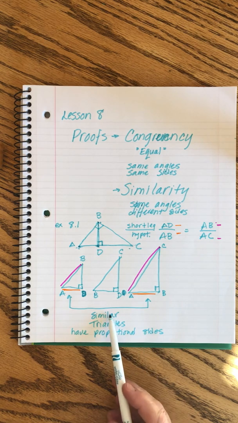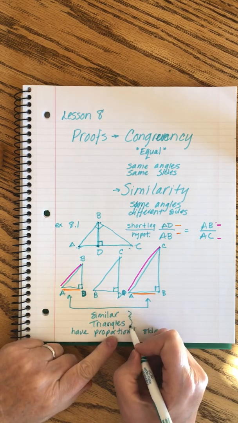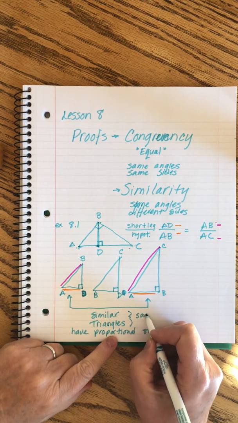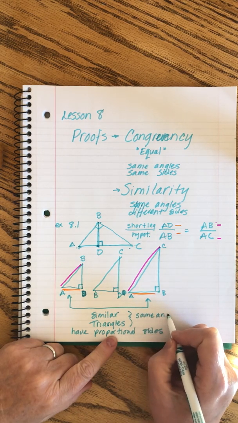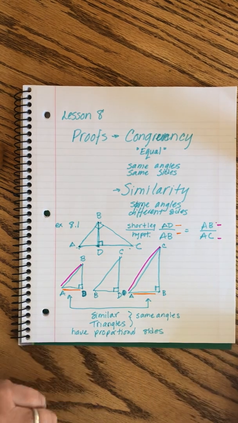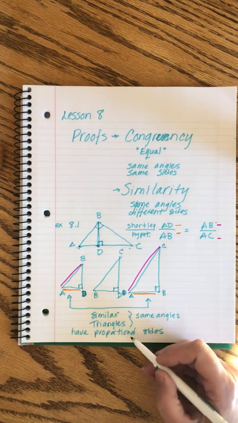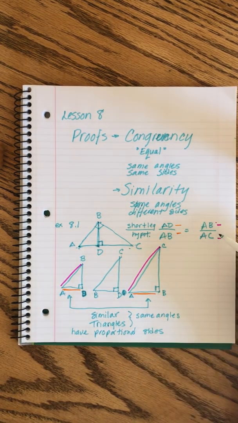So if we can prove that these triangles are similar, which again means they have the same angles, then we prove that they have proportional sides, and then we'll be proving that this is true.